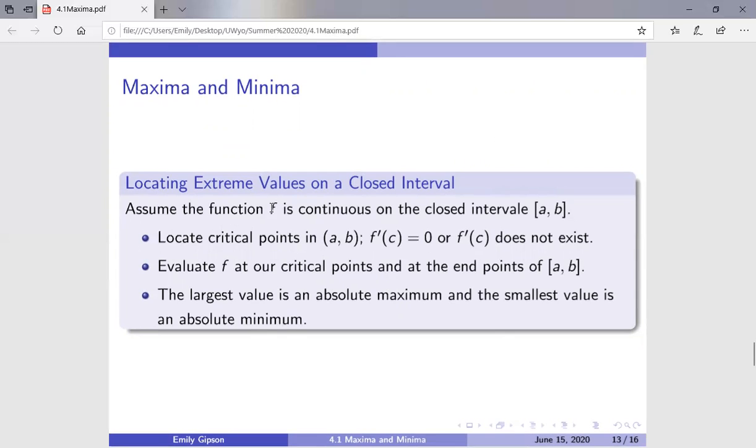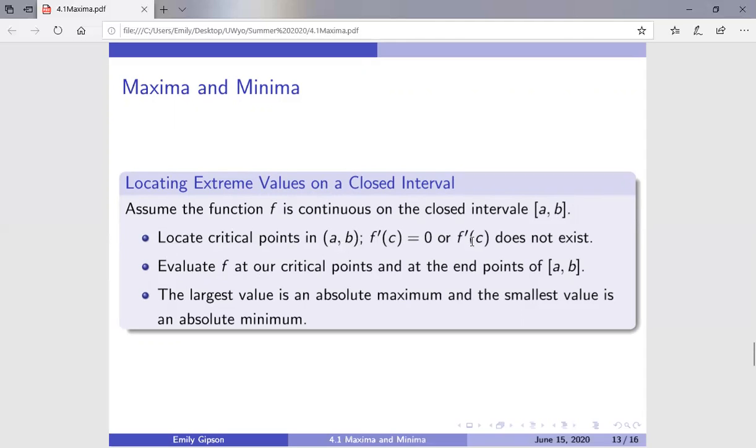So we assume that we've got a function that's continuous on a closed interval. Remember, these 2 parts are very important. We can't guarantee anything using the extreme value theorem without these 2. So our first step is going to be to locate critical points in the open interval a to b. And this is what happens when f prime of c equals 0 or f prime of c doesn't exist at all.